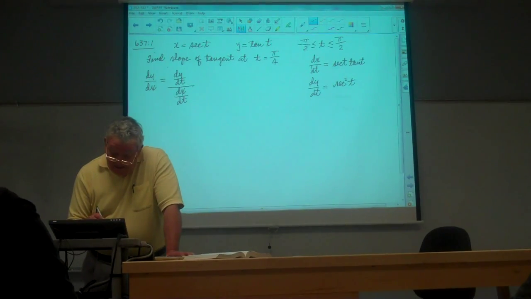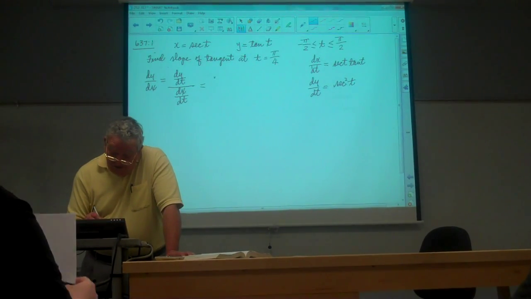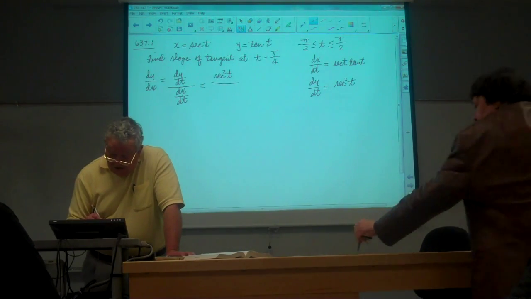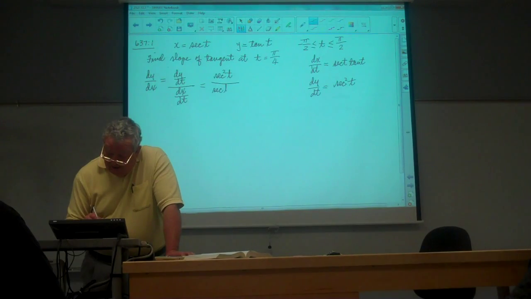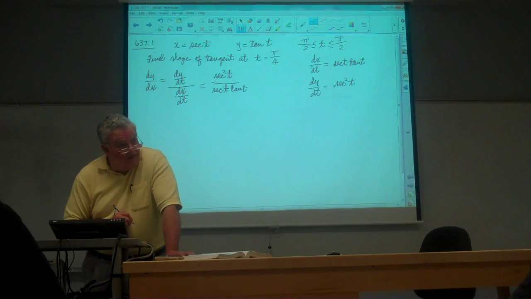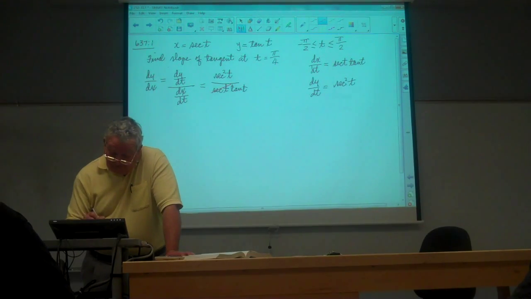Okay? This then is equal to secant squared t over secant t tangent t. Everybody agree? And that looks like this then is equal to secant t over tangent t.